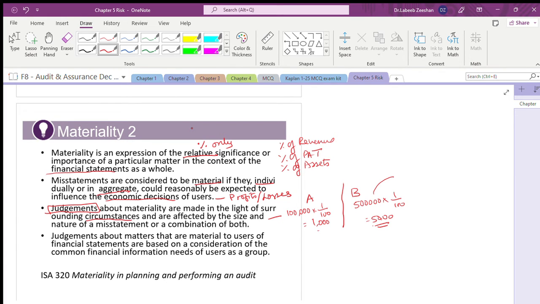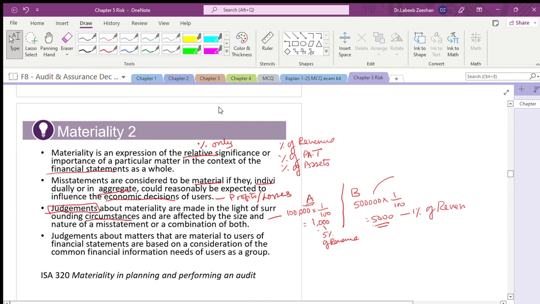But if you compare it with the revenue of the smaller company, it is 5% of revenue. It is material. This other one is only 1% of revenue. This is not material.